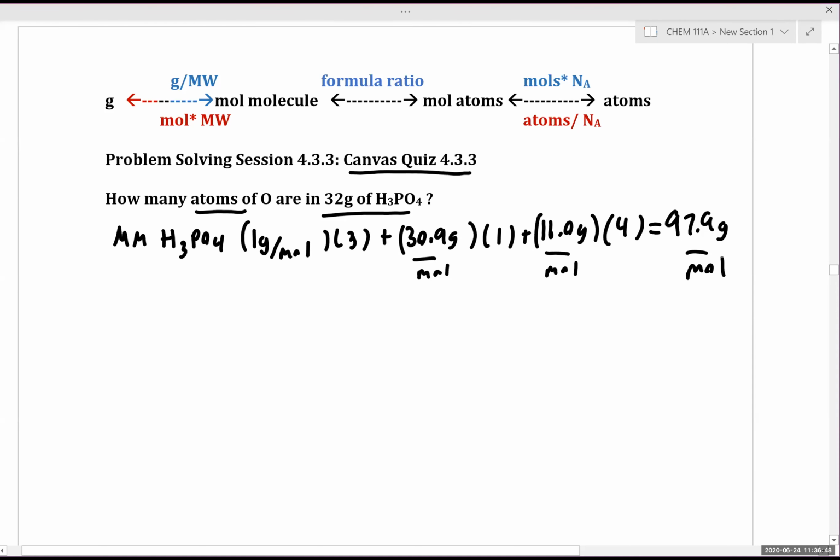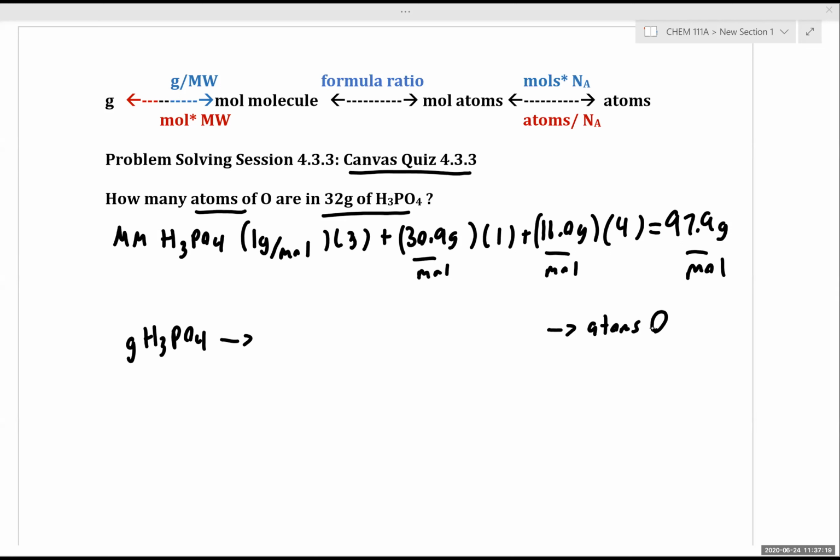Okay. Now from here, we're starting off with the grams of phosphoric acid, and we are trying to calculate the atoms of oxygen. Where are we going to get the atoms of oxygen from in this case?